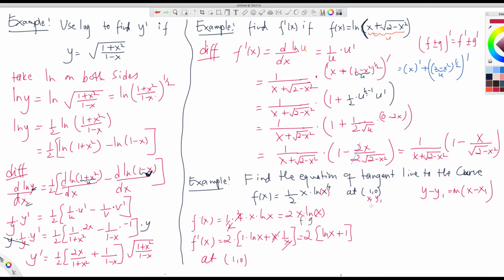So it is okay if you write negative 1 here, but that 2 will go to the exponent, so that will be positive 1 actually.